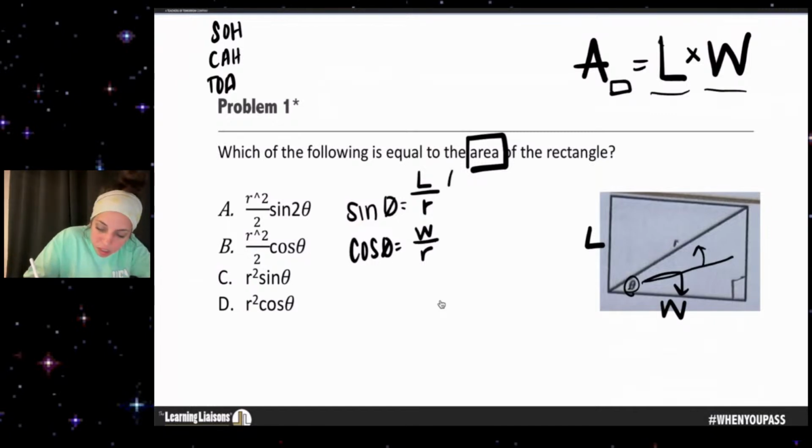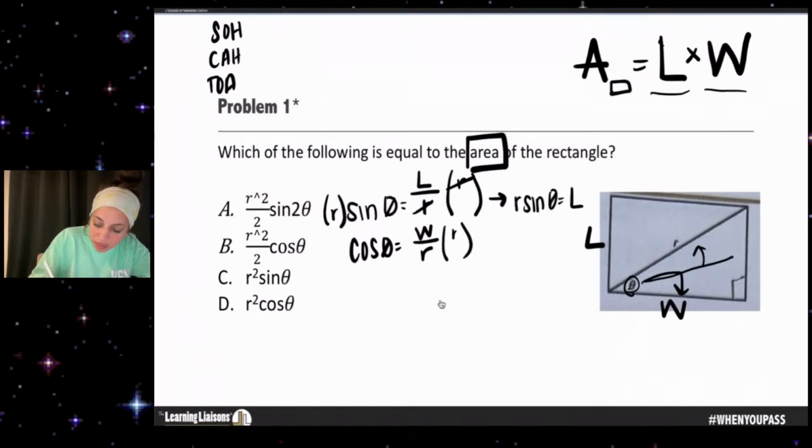So if I multiply both sides by r, then it cancels the r out, and I'm left with r sine of theta equals L. I can do the same thing here. Whoa!